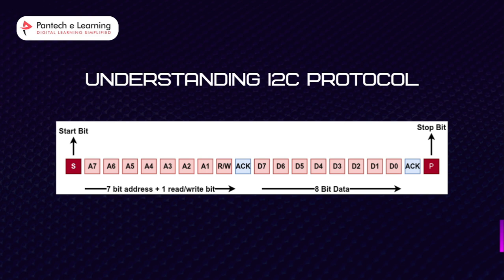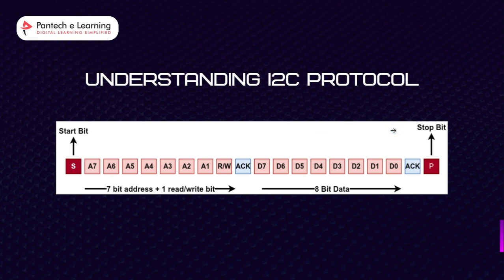If the slave receives data, it will send the acknowledgement again, or if the master receives the data, then the master will send the acknowledgement. If the master wants to send or receive more data, it can do so. If the master wants to end communication, it will generate a stop bit to close that communication.